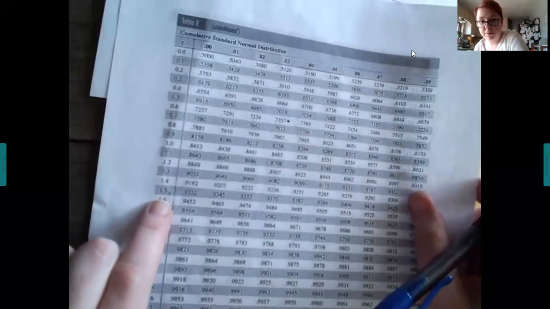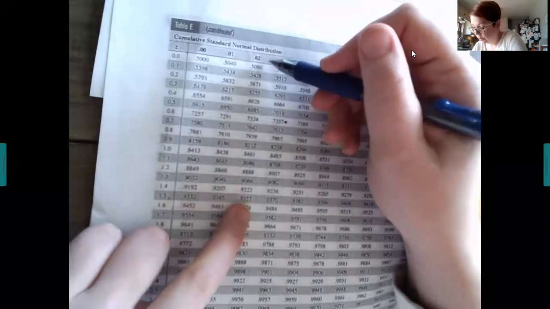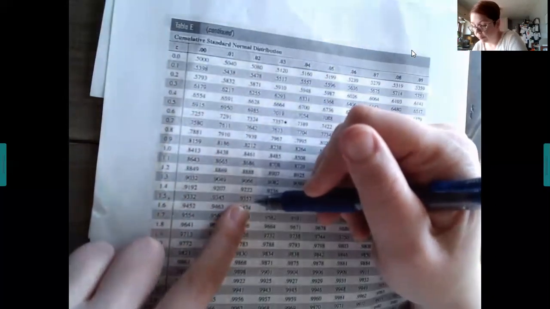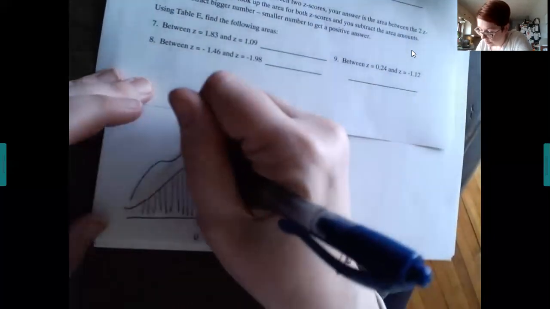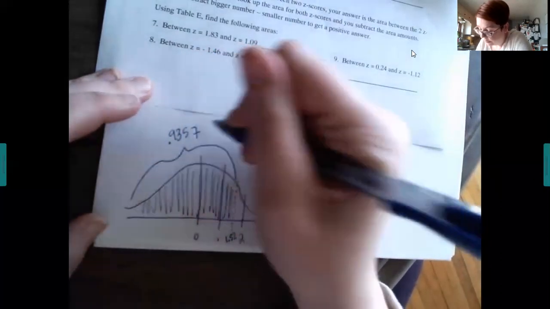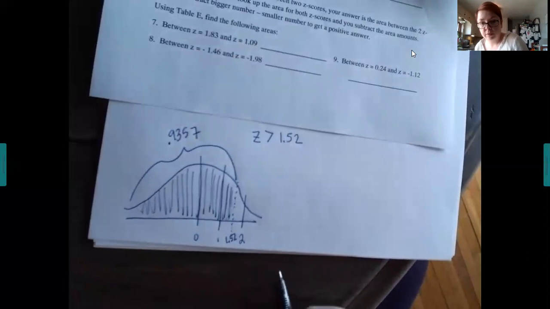All right. So the first two digits are 1.5. The second is 2. So we look that up and we get 0.9357. So all of this is 0.9357. That's to the left.